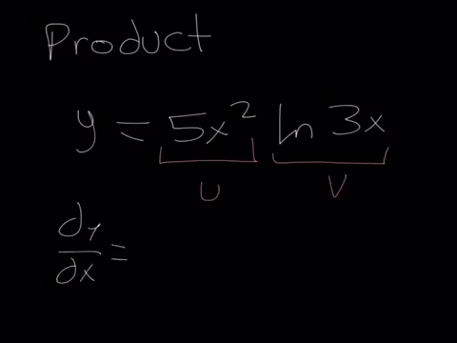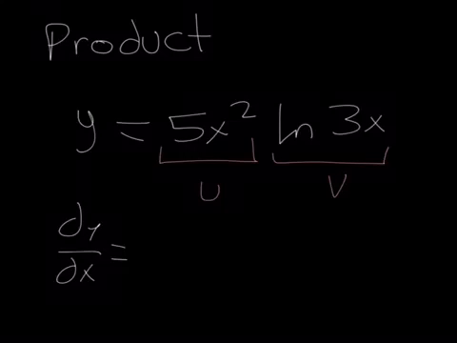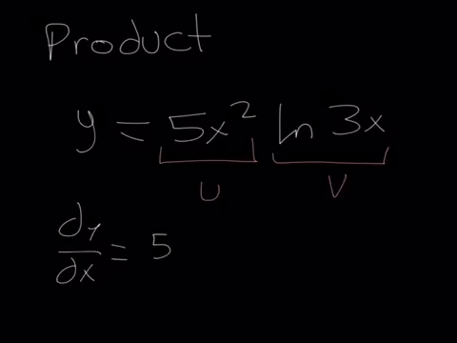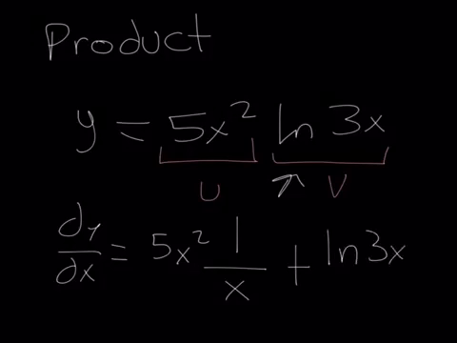We multiply, as we said first. The first thing we do is place u as it is, so it's 5x squared, times the derivative of v, which is ln x, so it will be 1 over x. And then plus v itself, ln 3x, times the derivative of 5x squared, which would be 10x.